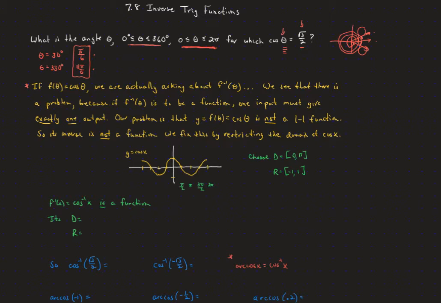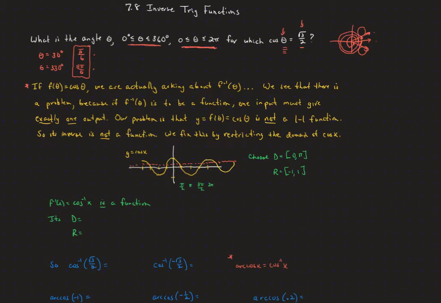If we see our cosine curve and it goes on and on and on forever, sometimes called a wave, it is clearly not going to pass the horizontal line test to be a one-to-one function, because a horizontal line is going to intersect that curve in an infinite number of places. So the way around that, what we do then, is we start with our cosine x function and we restrict its domain.